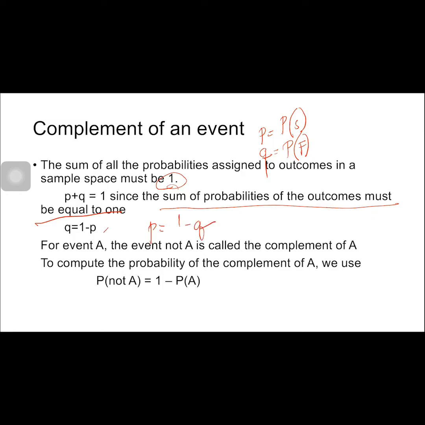Okay, so for event A, the event not A is called the complement of an event.